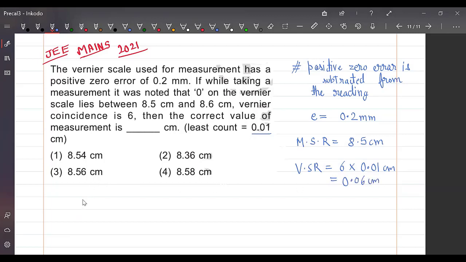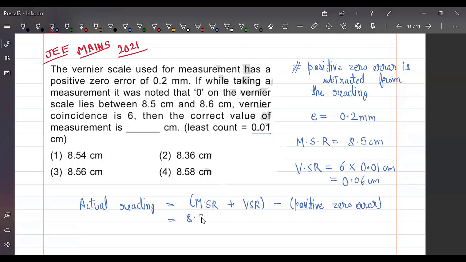So the actual reading will be main scale reading plus vernier scale reading minus the positive zero error. This will give me 8.5 centimeters, vernier scale is again 0.06 centimeter, minus positive zero error.